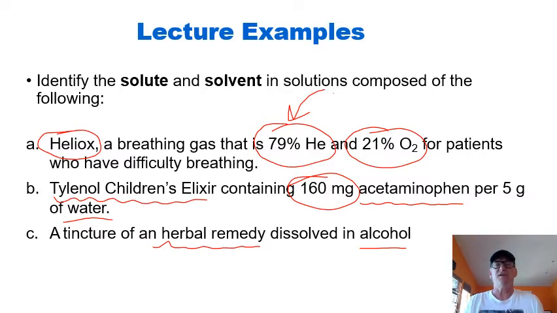So ethanol is a good thing to dissolve a lot of things in, because it will dissolve not only a lot of polar molecules, but it will dissolve a lot of nonpolar molecules or weaker polarity molecules as well. So in this instance, since the alcohol is there in much higher concentration, we'd say it's the solvent. And whatever molecules are in the herbs, we would say that they're the solute.